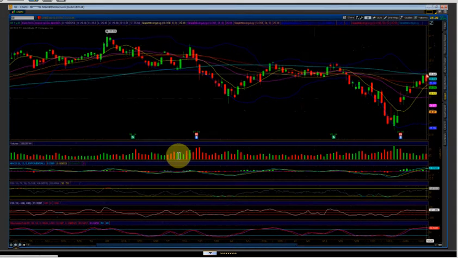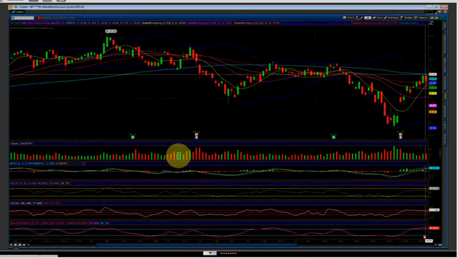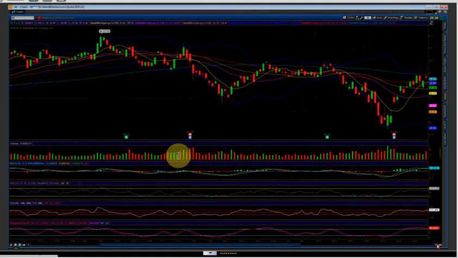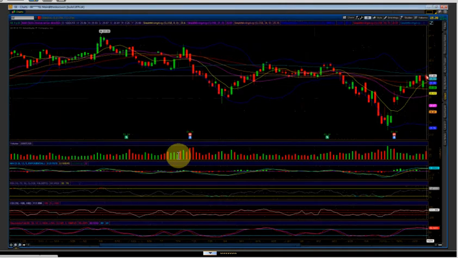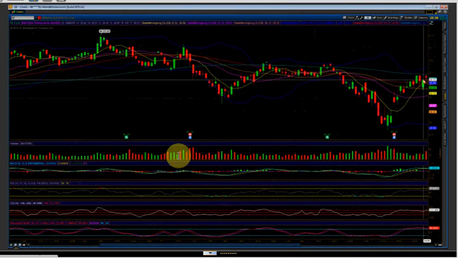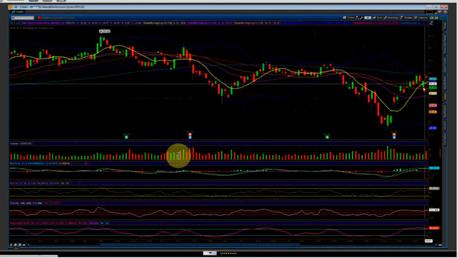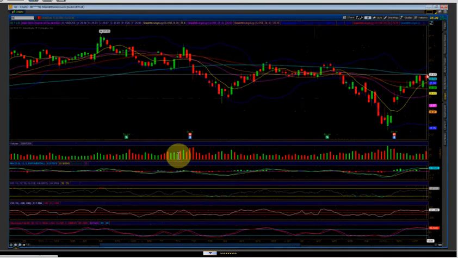Oh, well, crap, now it just went up to my blue line and it pulled back. Crap, that's what I wanted it to do. Okay, it broke above my red line again. And there we go. It broke above my red line, and I was able to get 23 cents on the trade because once it broke above my red line, I had to trade it to that little teal colored line, that bluish colored line.